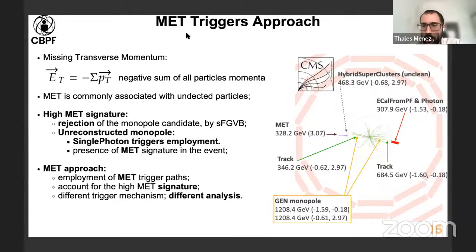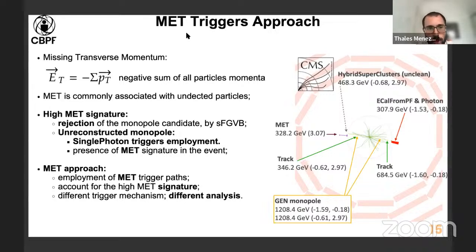So, to make a summary, if we are assuming that one of the monopoles is killed by the trigger system, we should expect a signature of missing ET in that event. So we should look no further than this signature, since, for instance, we do not expect to have associated undetected particles in this kind of process, such as neutrinos. So it's quite a promising way to overcome this limitation of the analysis.